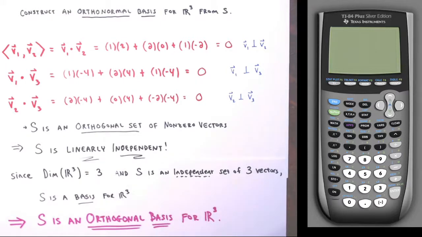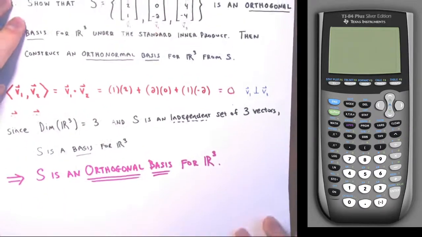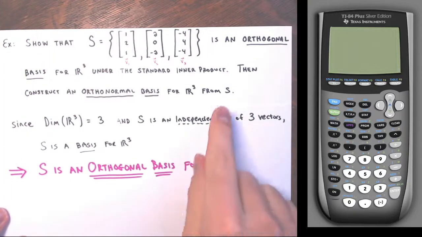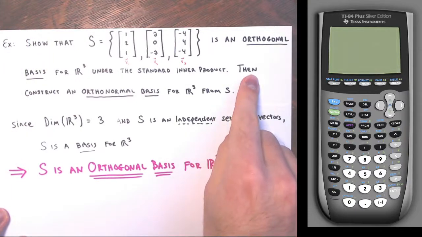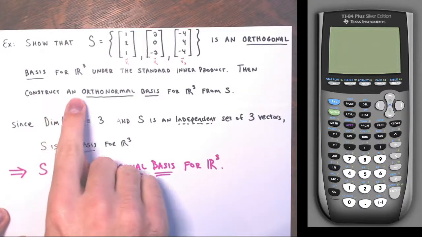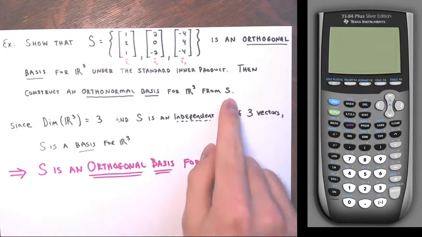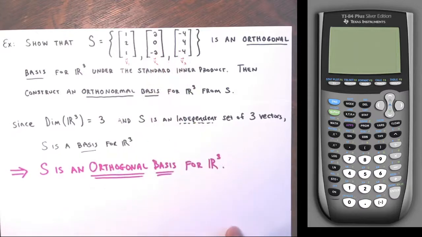Now the second part of this problem, other than showing that the set was an orthogonal basis for R3 under the standard inner product, was, after I've shown this, construct an orthonormal basis for R3 from S, using these same vectors.